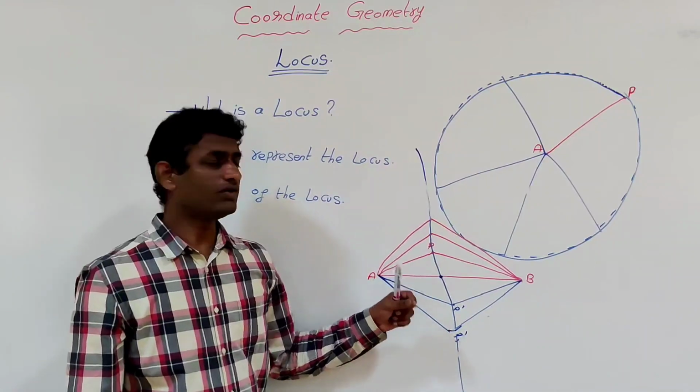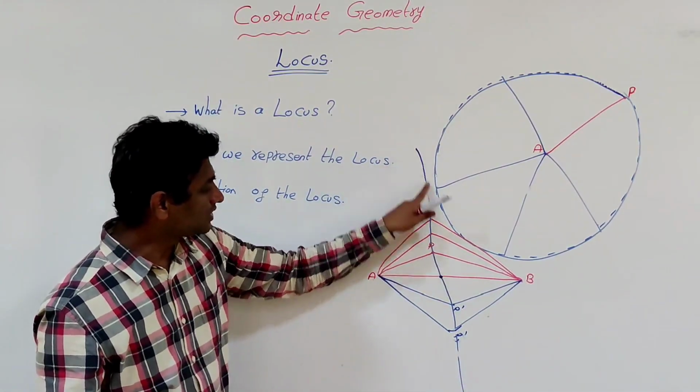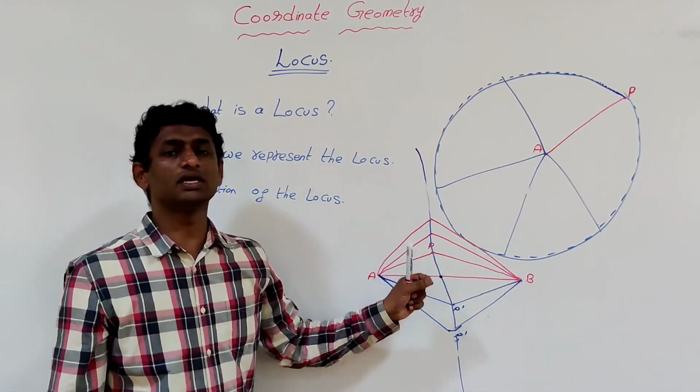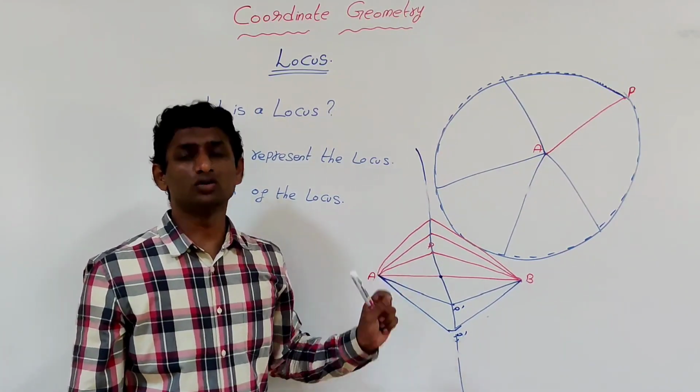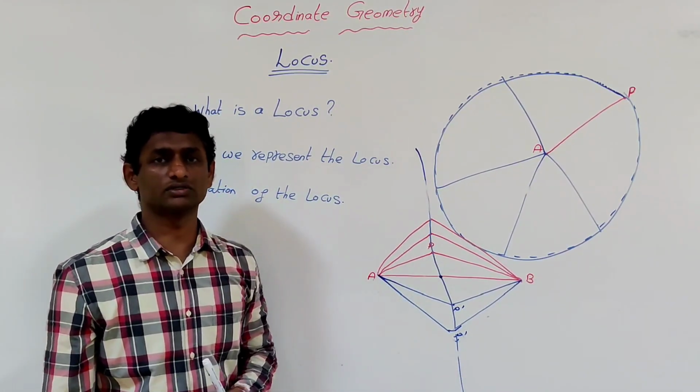So this path, the set of points which satisfies the condition, is called a locus. Now we'll go for the definition of a locus.